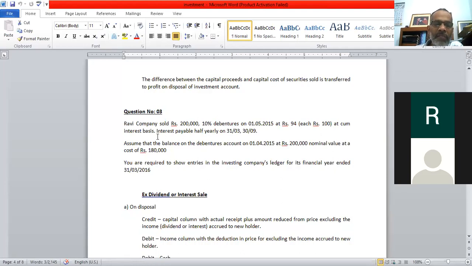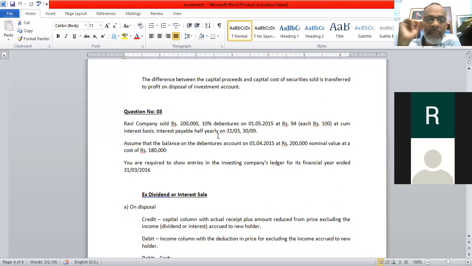Interest is payable half yearly on 31st March and 30th September. They are paying the interest not annually but every 6 months.